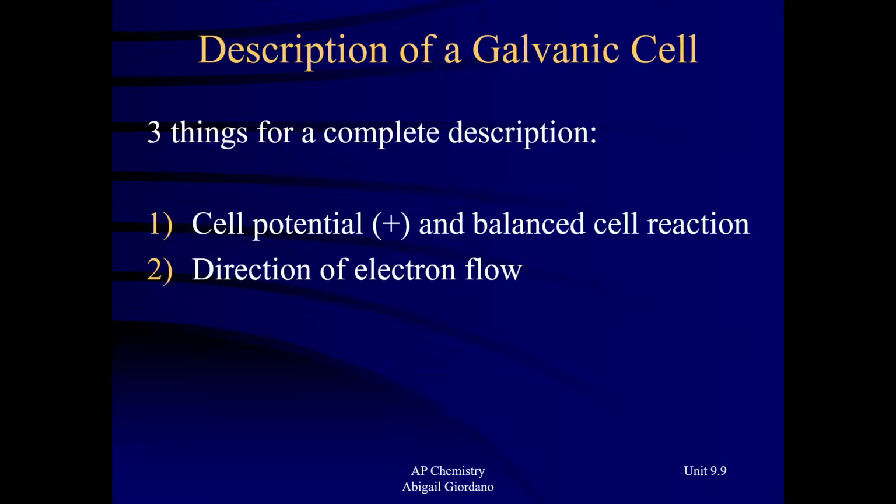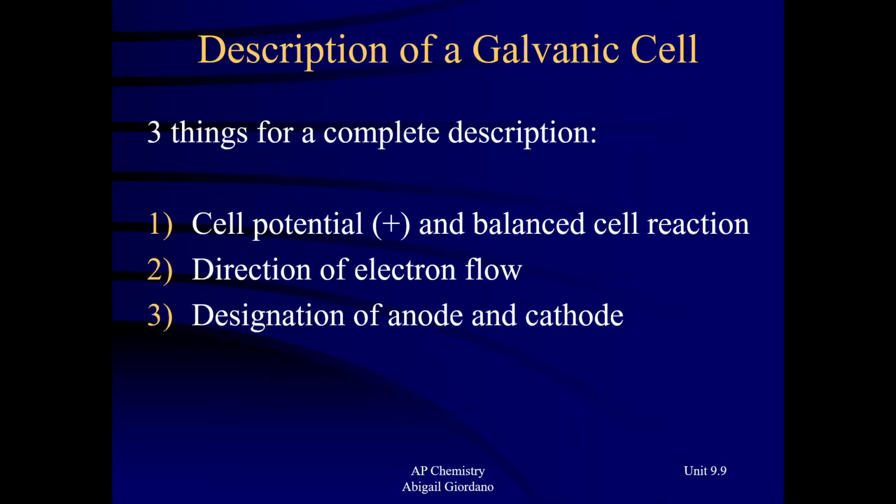Remember, the electrons will always flow from the half cell where oxidation is taking place to the half cell where reduction is taking place. Also very often you'll be asked to identify which half cell contains the anode and which contains the cathode. Remember, anode is where oxidation is, cathode is where reduction is. Electrons always flow from anode to cathode.